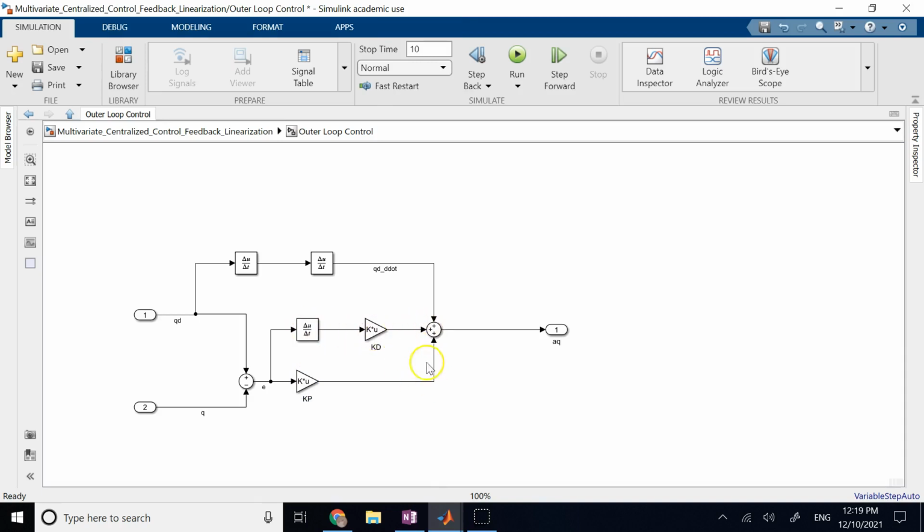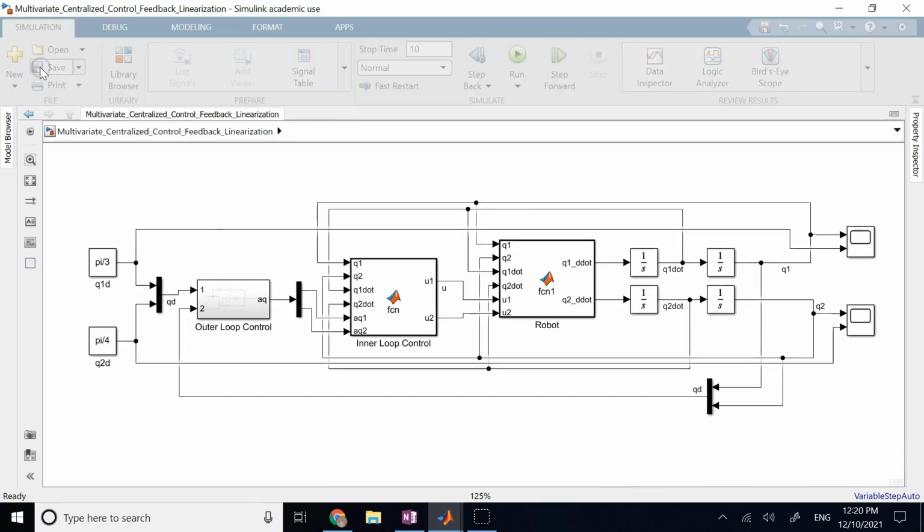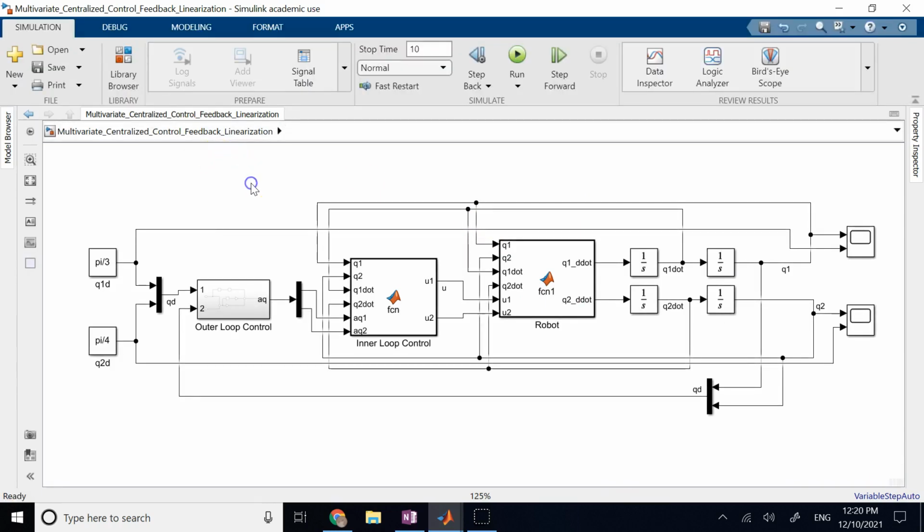So this is the feedback term, and then this is the double derivative of QD, so it's QD double dot. Add them all together and get you what? A Q. Here I use multiplexers and demultiplexers to combine several signals into one signal, or the other way, to decompose one signal into several signals. So this is the overall Simulink for me.